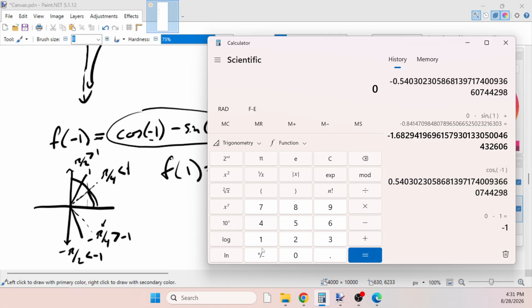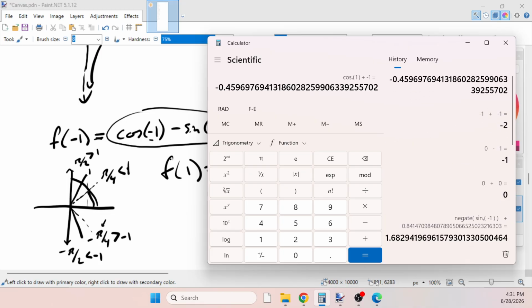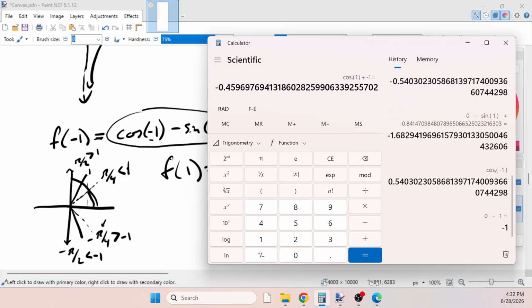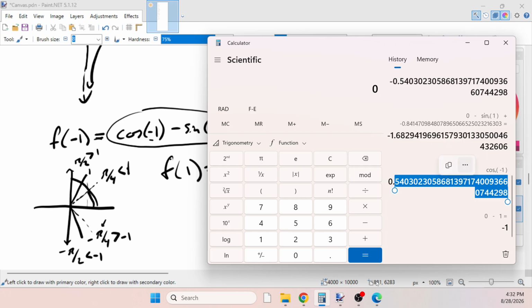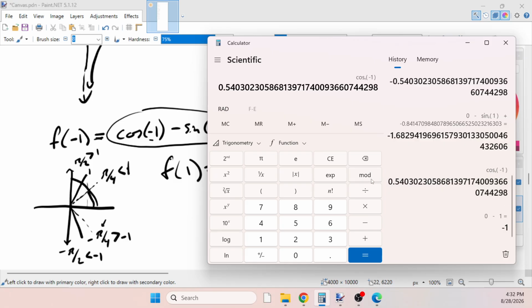Okay. I plug in a 1. I plug in cosine. I get that. And then there we go.